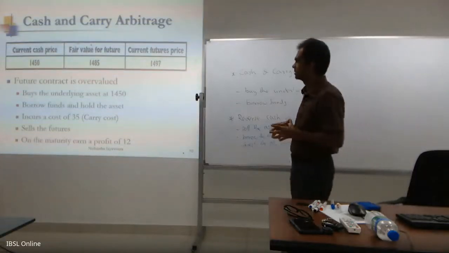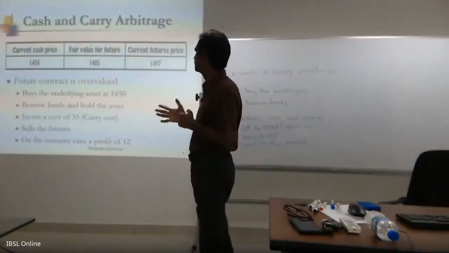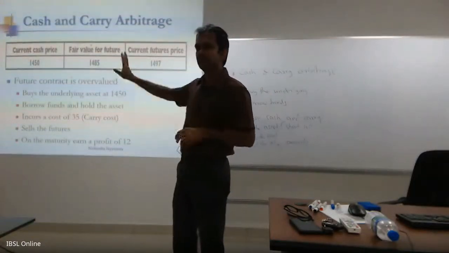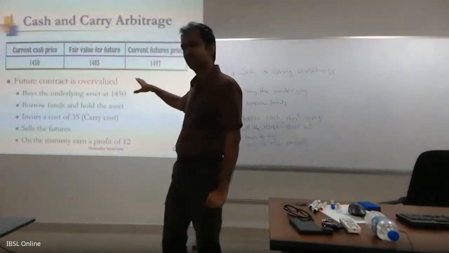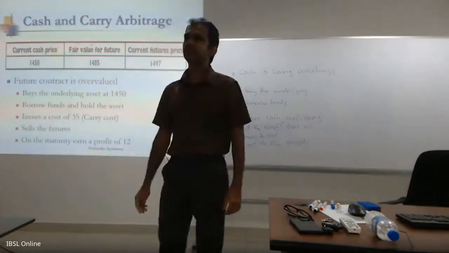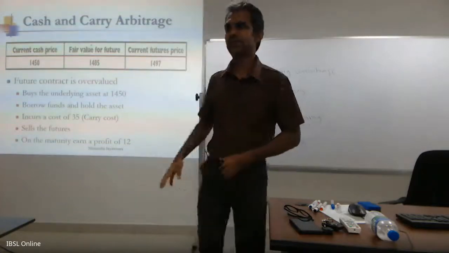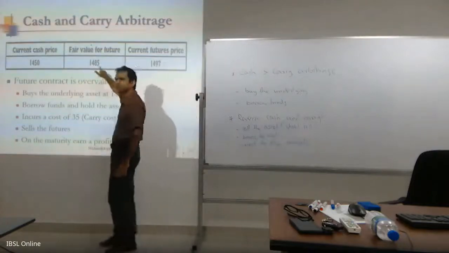This is another example. You are given the current cash price, fair value for futures, and the current futures price. Cash price 1,450, fair value for futures 1,485, market is 1,497. So the market is overvalued compared to this.